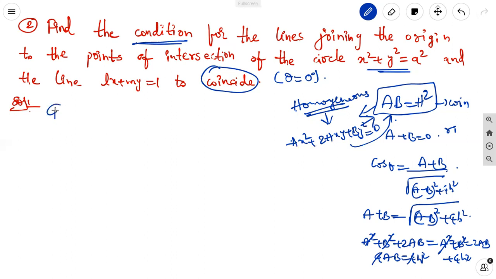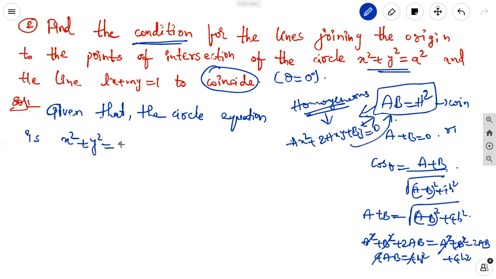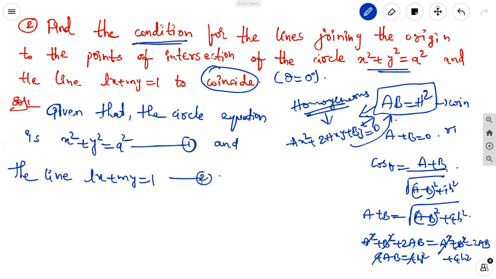Further, first we take what they have given, the curve and line. Given that the circle equation is x square plus y square equal to a square, let it be equation 1, and the line lx plus my equal to 1, it is equation 2.